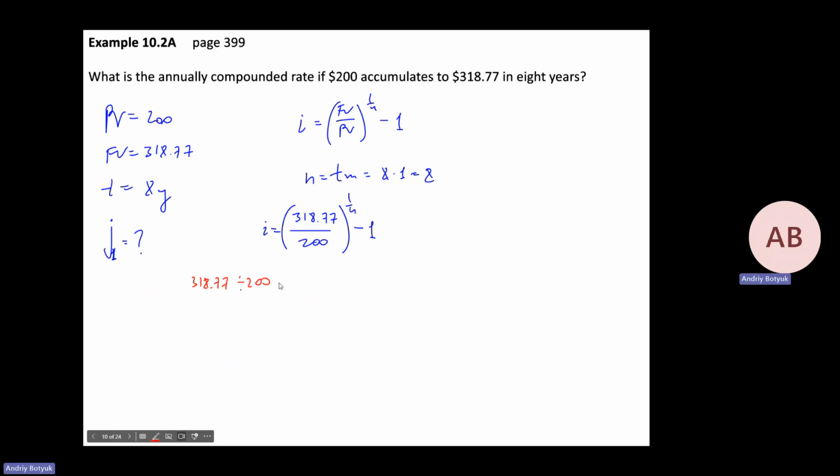So y to the exponent x. Now I put n, which is here supposed to be 8. 1 over 8.